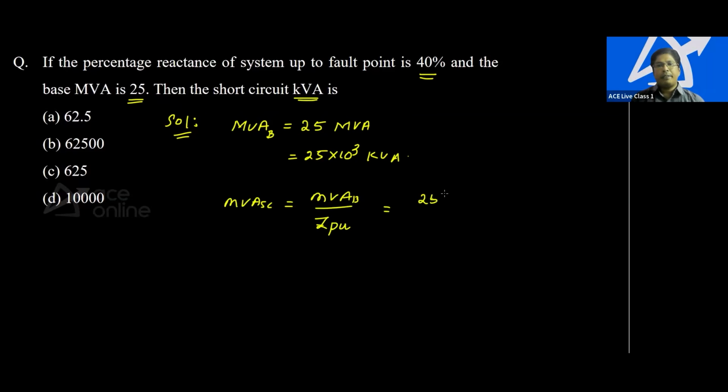It is 25 into 10 power 3 kVA divided by 0.4. How much is 25 divided by 0.4? It is 62.5 into 10 power 3, 62500 kVA. That is the short circuit KVA in terms of KVA, students. Not in terms of MVA. See the units clearly.